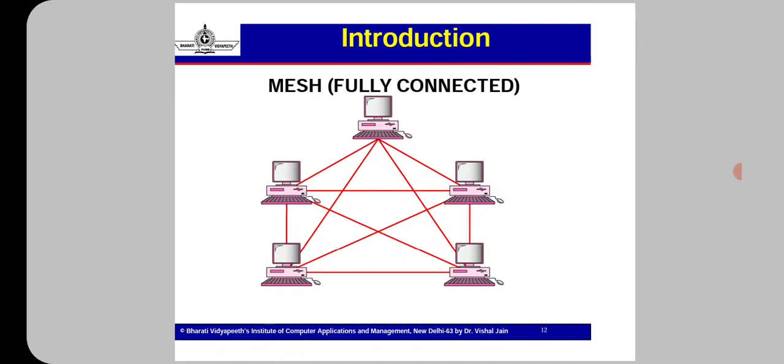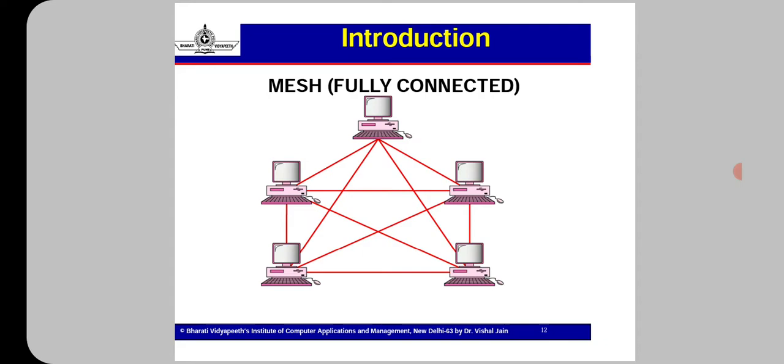We will start with the first type of network, that is mesh topology. What is a mesh topology? It is a fully connected topology. Mesh topology is also called fully connected. Why? Because in mesh networks, all the workstations or all the devices are connected to all the remaining devices in the network.